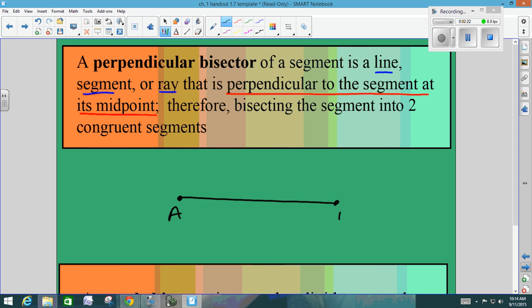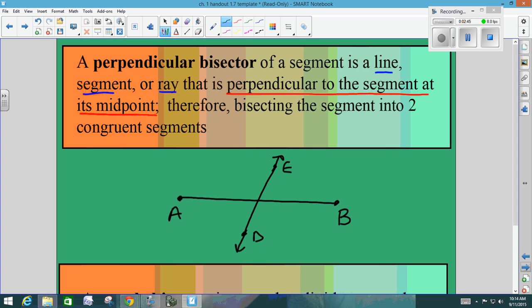Your segment AB. Okay. A perpendicular bisector can be a segment, call that segment DE. It could be a ray, ray DE, or it can be a line, line DE. It can be any of those 3. That's perpendicular to the segment.